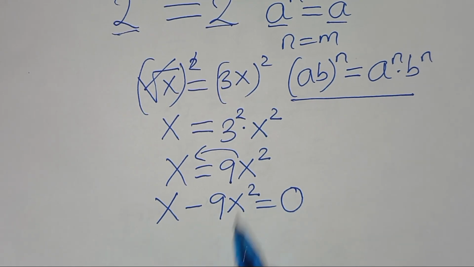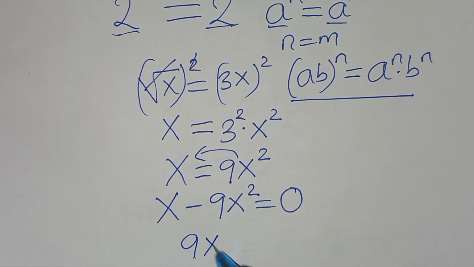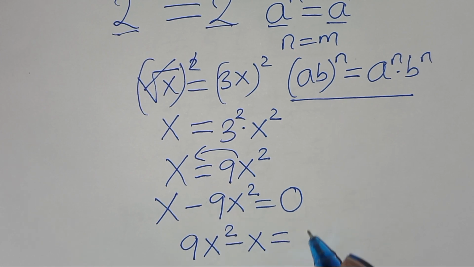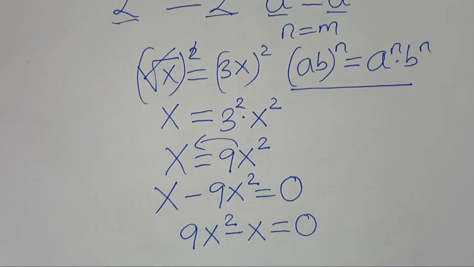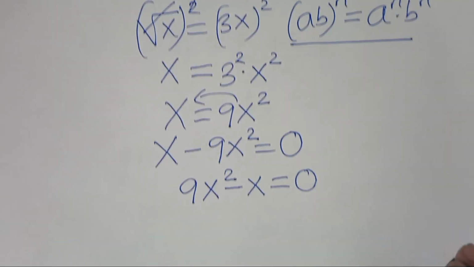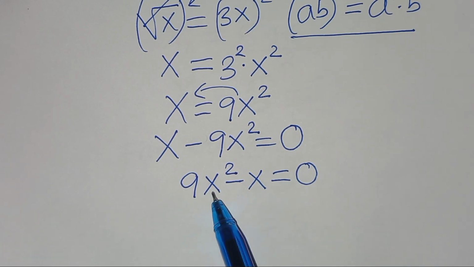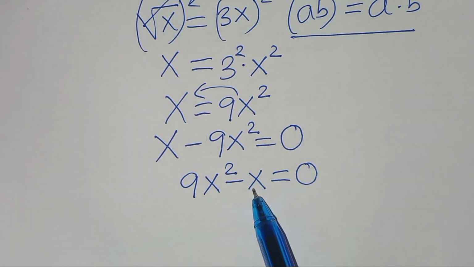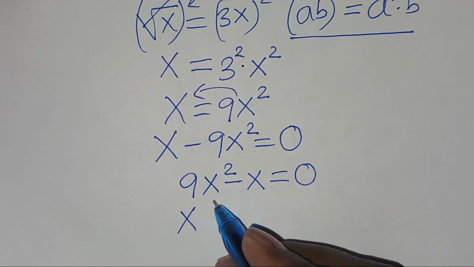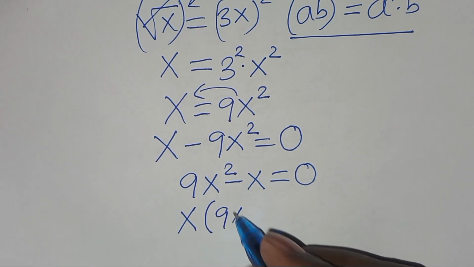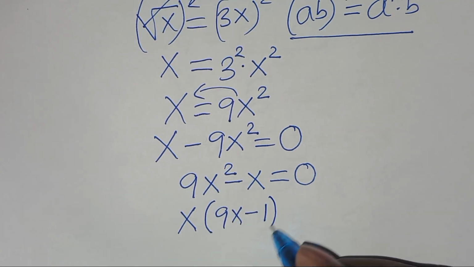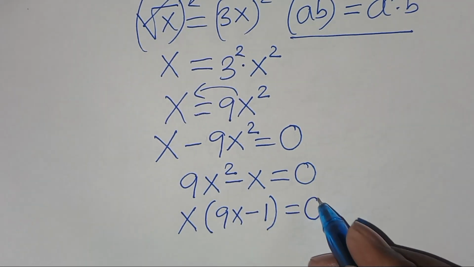Or rather, we can express this as 9x squared subtract x equal to 0. Now, the next step from here, we can see that we have x squared and we have x. So let's factor out x so that here we'll have x times 9x subtract 1 equal to 0.